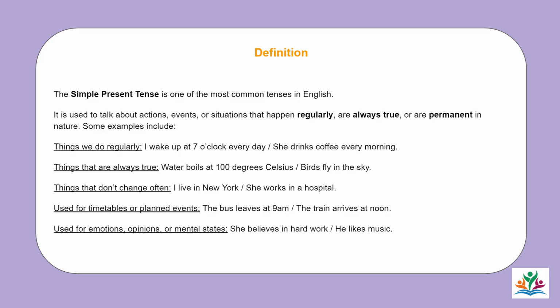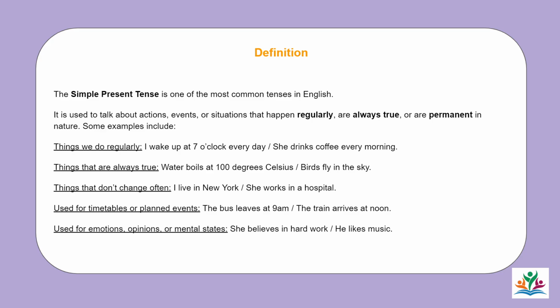Some examples include things we do regularly. For example, I wake up at 7 o'clock every day, or she drinks coffee every morning. If you notice, we added an S to the verb drink because we have the subject she.